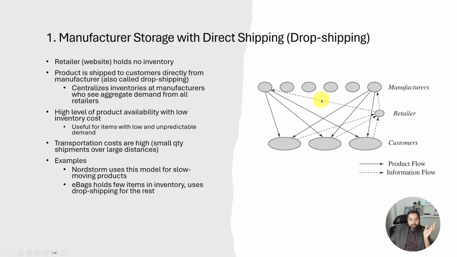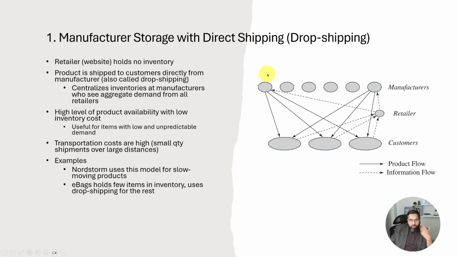Now, if you remember earlier lectures, you know there's an inventory transportation trade-off. So if we have minimized the inventory costs, we do expect to have higher transportation costs. So how are transportation costs higher in this network? First of all, manufacturers and customers are likely going to be far apart, because a manufacturer may have one facility that makes product for all of North America and Europe, or the whole world, or just all of North America.